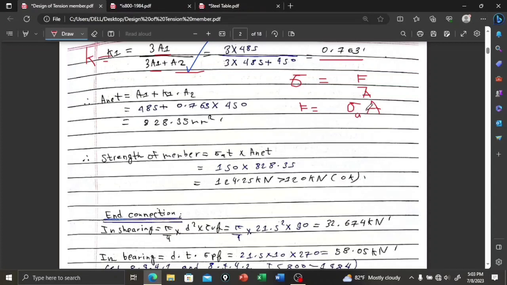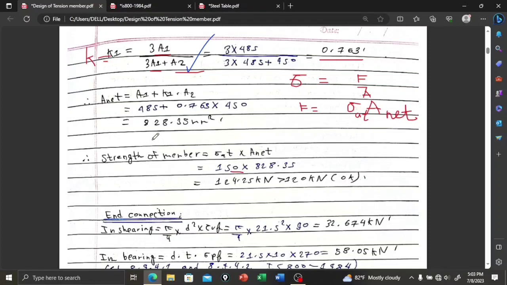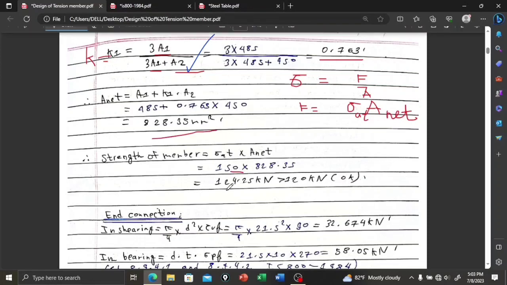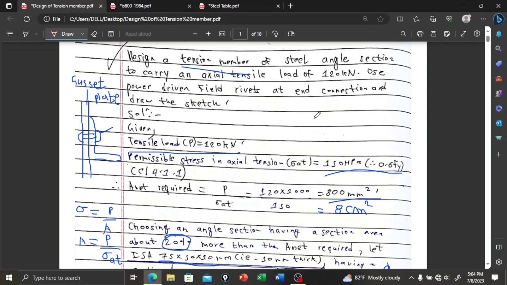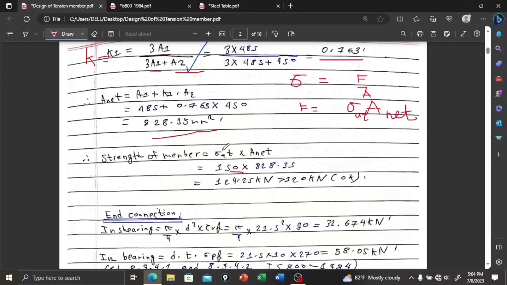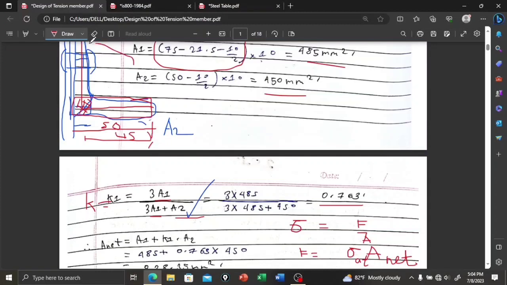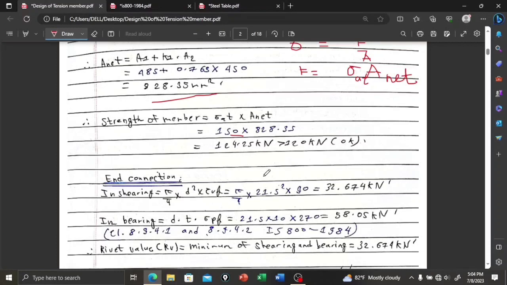Sigma is sigma axial tension, and A is A net. Sigma AT is 150 and A net is 8.35, which gives 124.25, and the load acting in this system is 120 kilonewton. This system can withstand a force up to 124, but only 120 acts in this connection, so it is safe.